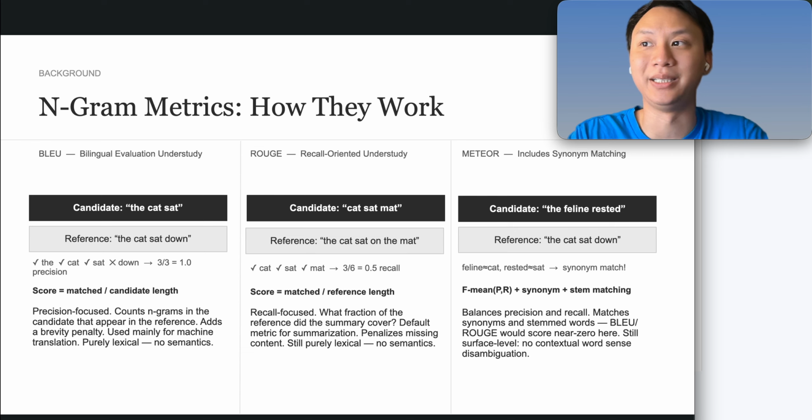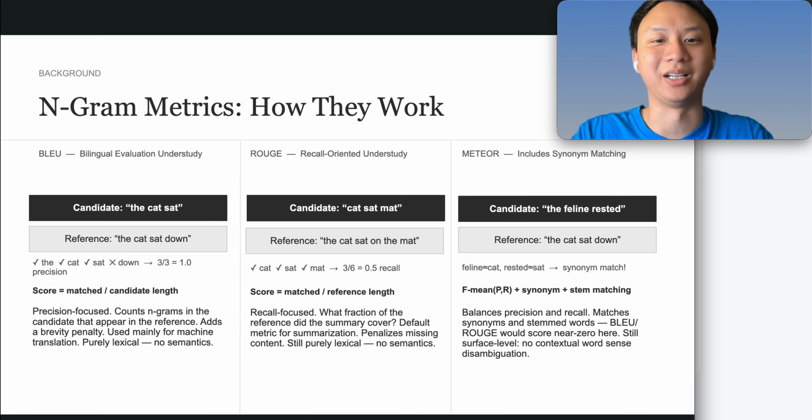So here in the example LLM response, the feline rested, if you have the answer key that says the cat sat down, it sees feline, it sees cat, and it can guess that these two are synonyms of each other and try to match those two together, right? Same with rested and sat. So it punishes a little bit less than those other two word for word matching metrics, and tries to essentially map things that mean the same thing, right? It's that first attempt at a semantic meaning.